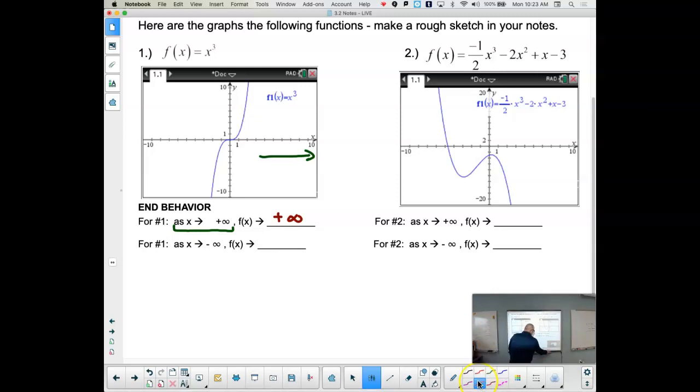As x goes to negative infinity, this one down here is saying what's happening on the left side of my graph, or as I get farther and farther to the left, well, my function is going down this path, so it's going to negative infinity.